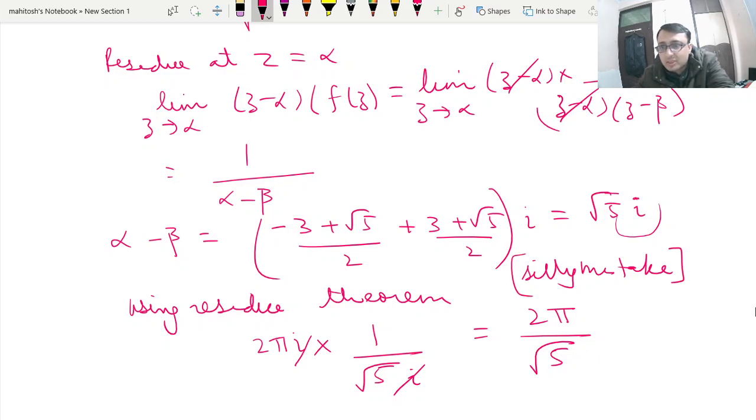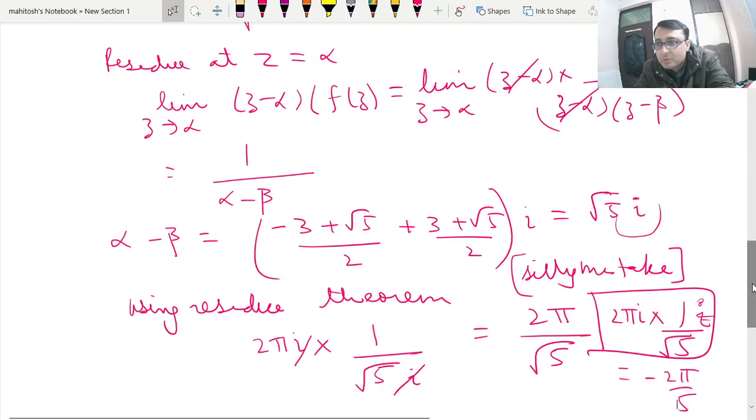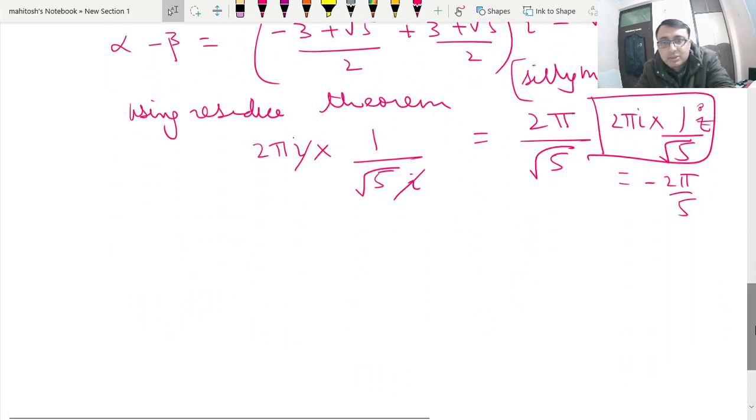Some of the students will, due to a silly mistake, write this as root 5, and they will write it this way, or they may miss the i here, so they will write this as 2 pi minus 5. Now if you make such errors, then you will lose your marks heavily.